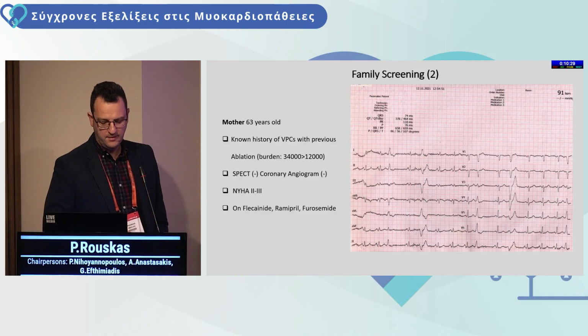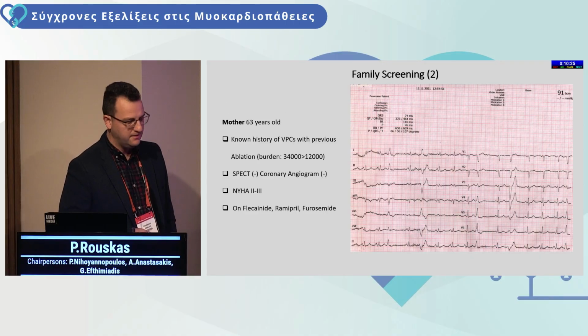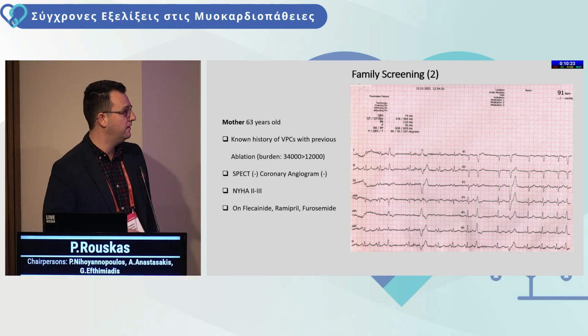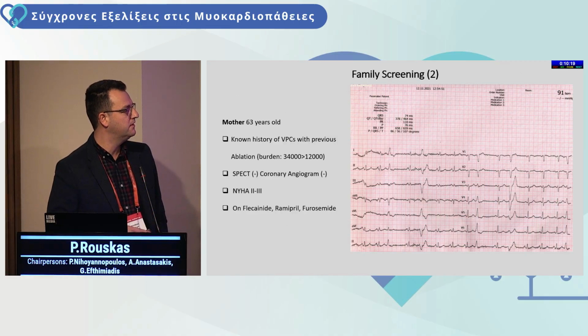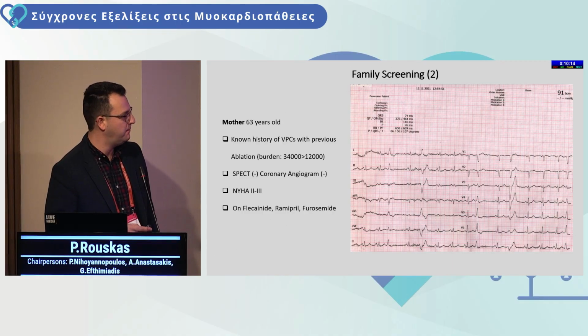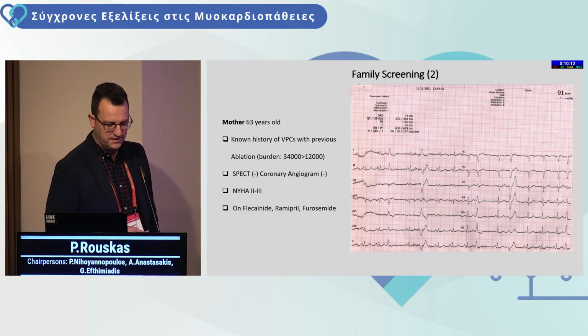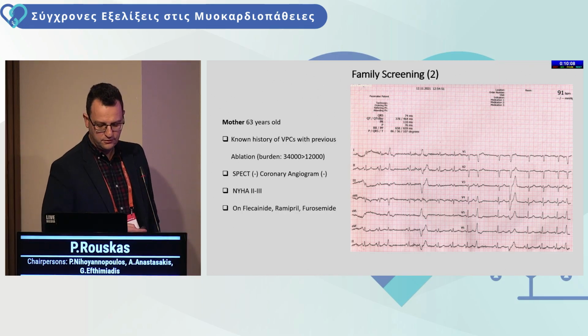We continue with the family. The mother of the proband is a 63-year-old lady with a known history of ventricular ectopics, with a high burden up to 34,000, which went down to 12,000 after an ablation. No coronary disease, quite symptomatic, NYHA class 2 to 3.